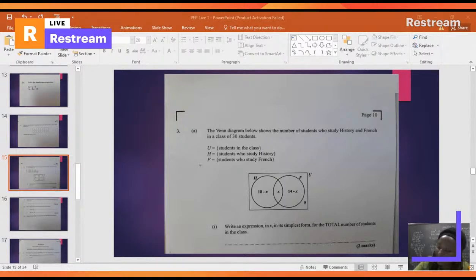The minus X plus X cancel out. 18 plus 14 would be 32, plus 5 would be 37, and we have a minus X. So the expression that represents in its simplest form the total number of students would be 37 minus X. That's the expression.